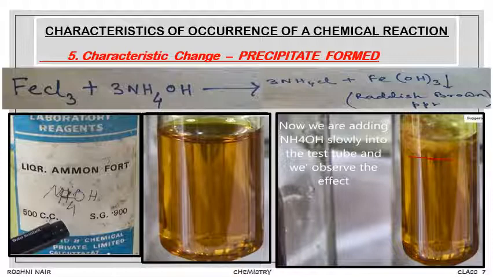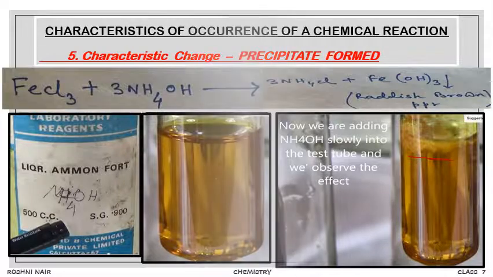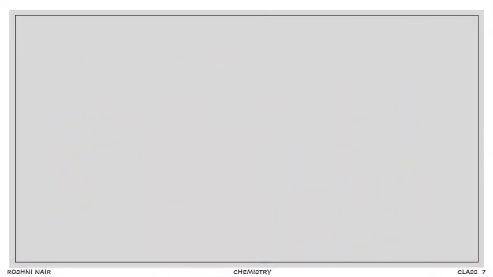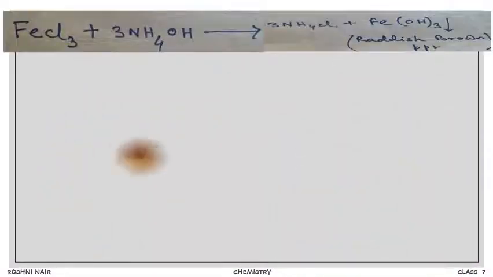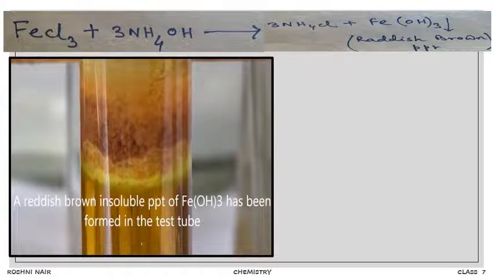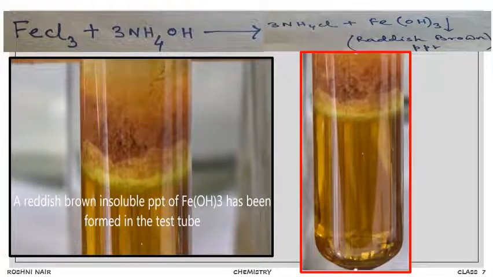Let me show you clearly. Yes, actual color. Can you see the reddish brown insoluble precipitate which is formed? It is a clear view of the precipitate formed. Next one more I can show you. See, this is the actual test tube which shows the chemical reaction which has taken place.